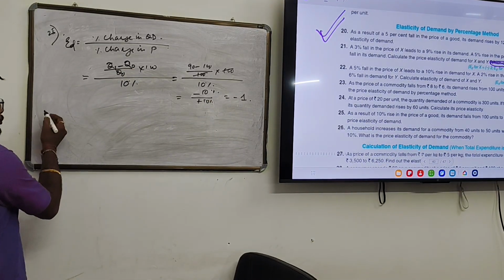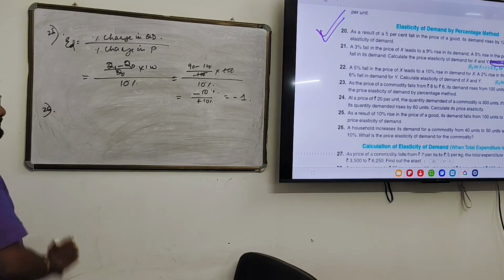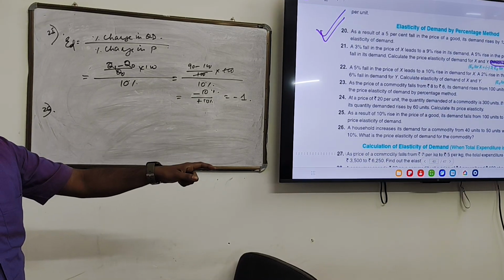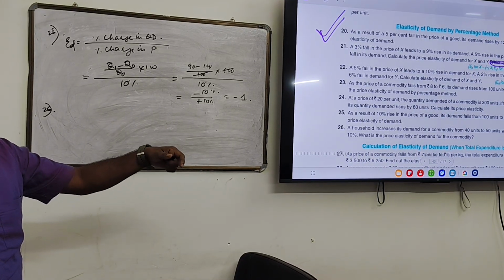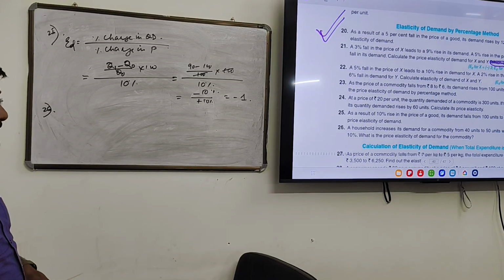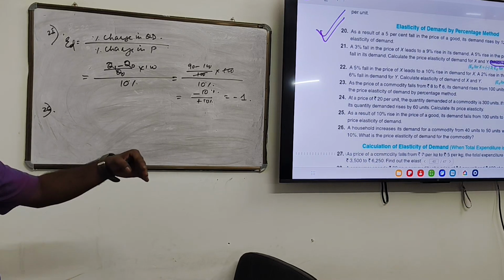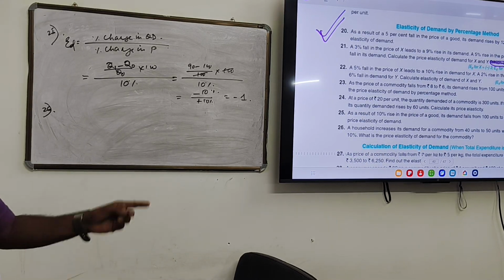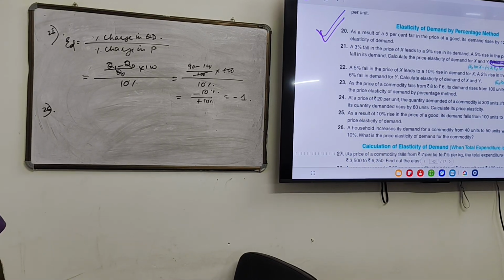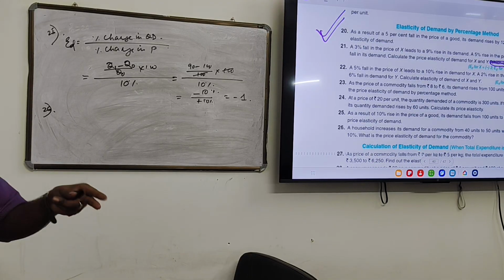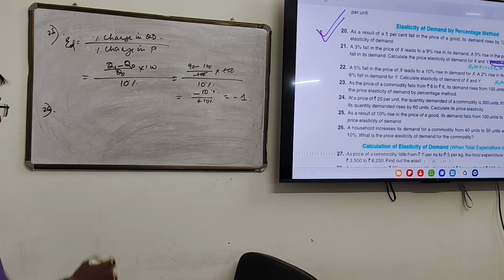Same question almost. 26. How? Shall we proceed? Take a look at 26. A household increases its demand from 40 to 50 units when its price falls by 10%. Again here, one value is percentage, one is absolute.